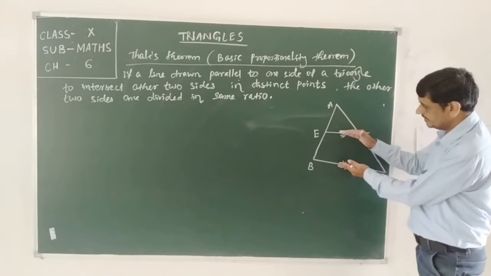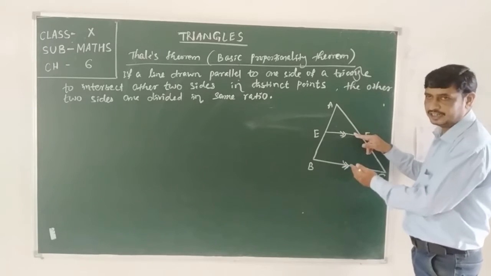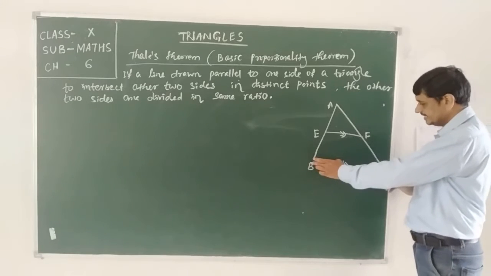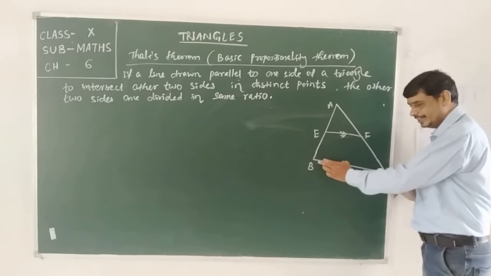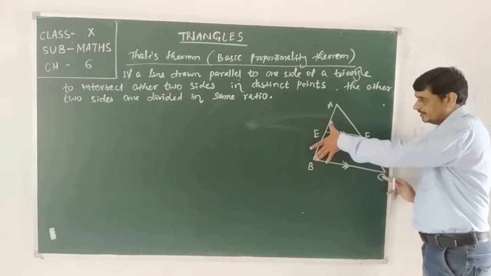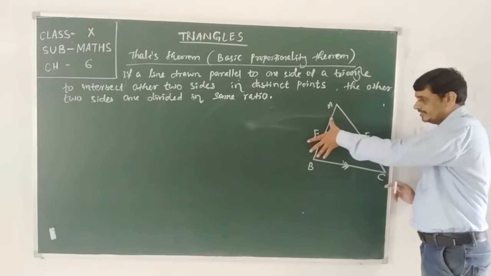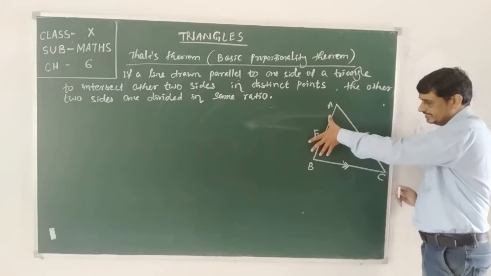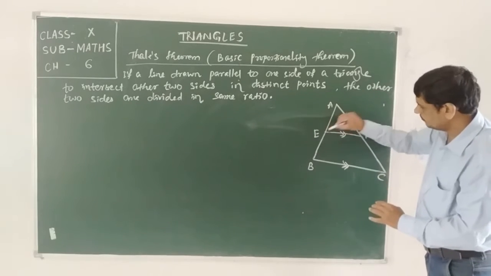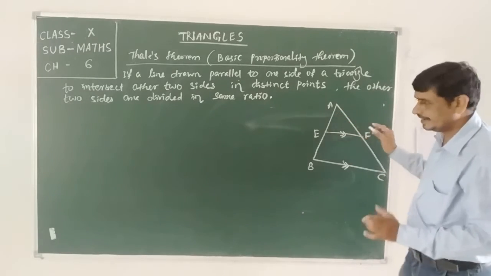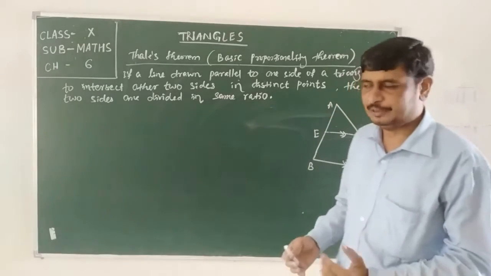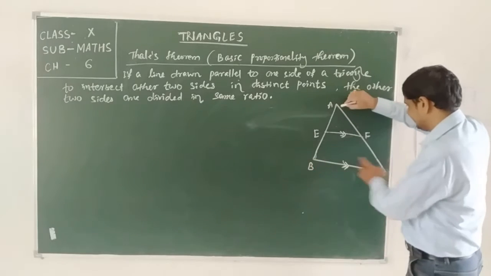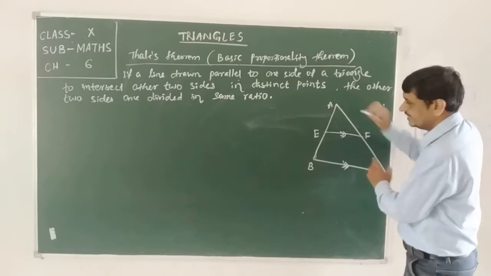Here, parallel with BC, this drawn line intersects the other two sides, that is AB and AC, at two distinct points, that is E and F, not the same point. Different points are there. Then the two sides AB and AC will be divided in the same ratio.